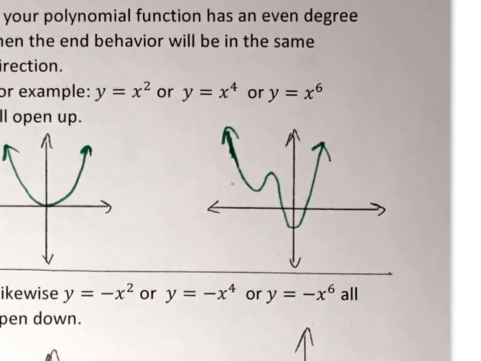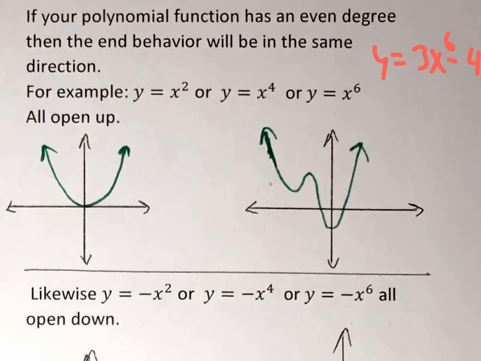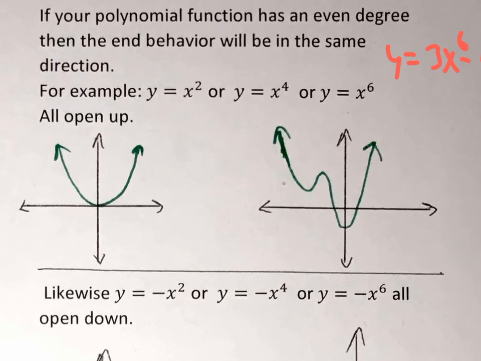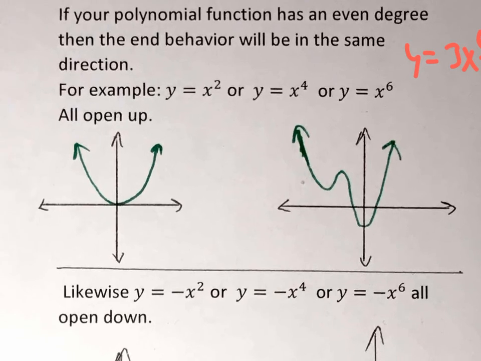It could be crazy like y equals 3x to the 6th minus 4x squared plus 7 or something like that. But if your degree, your highest exponent, is even, then the end behavior will both be in the same direction.